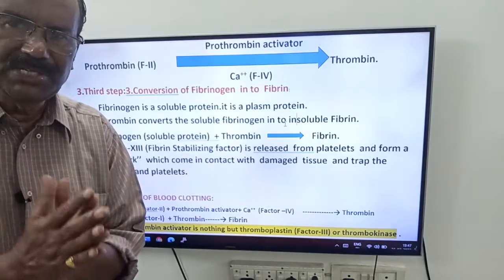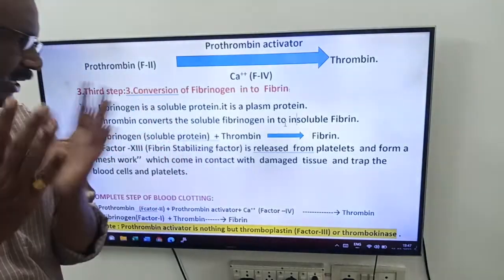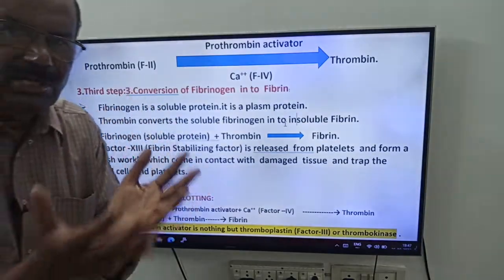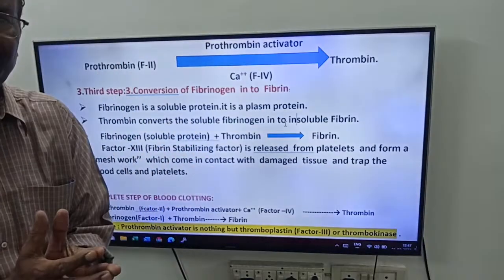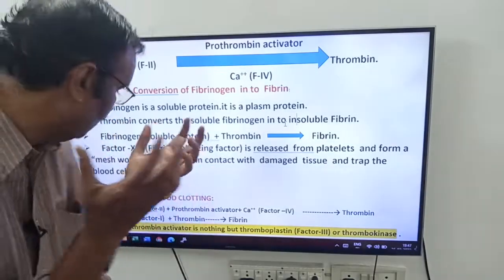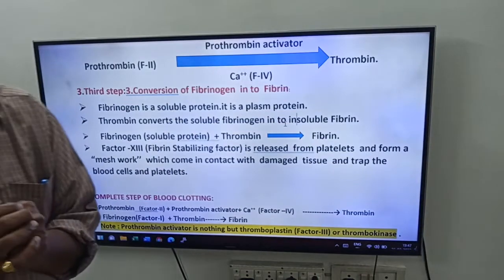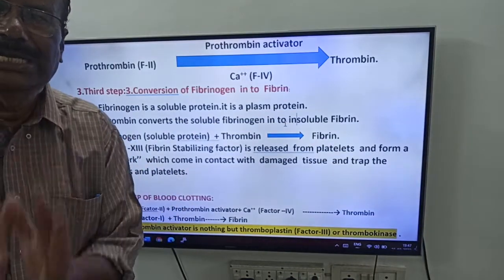What is the role of this meshwork? It traps the blood cells and platelets. Like that, blood clotting takes place.